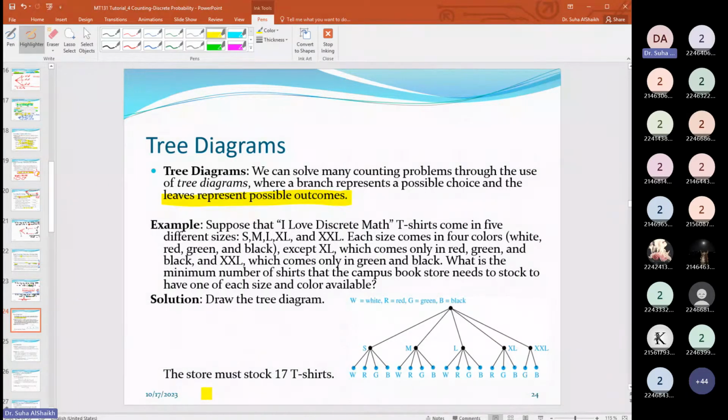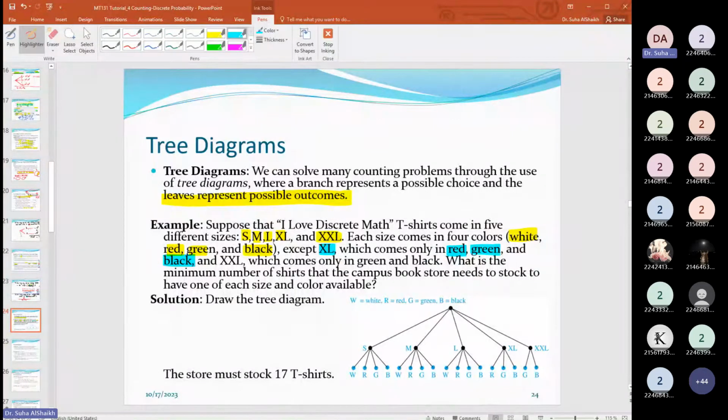Suppose that I love discrete mathematics t-shirts come in 5 different sizes: small, medium, large, X large, or double X large. Okay? And they also come in 4 different colors: white, red, green, and black. Except that the X large will come in only red, green, and black.